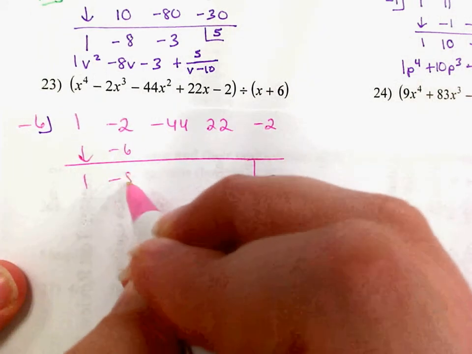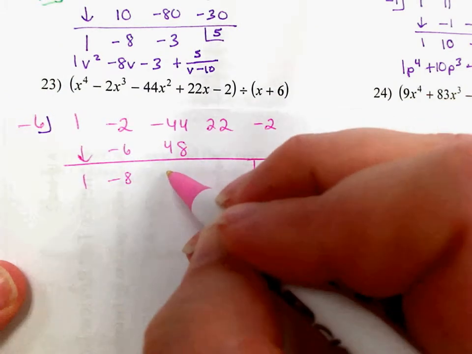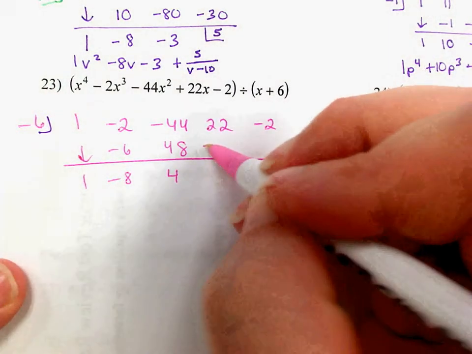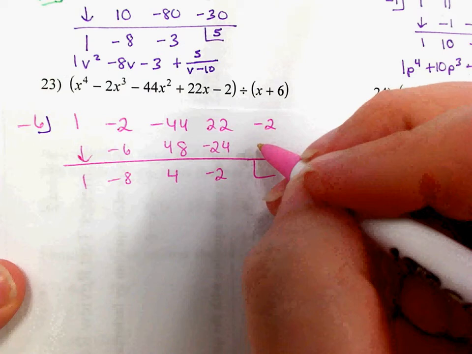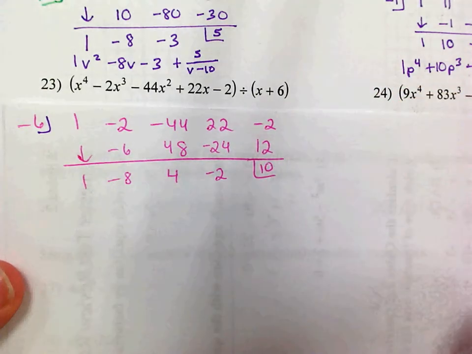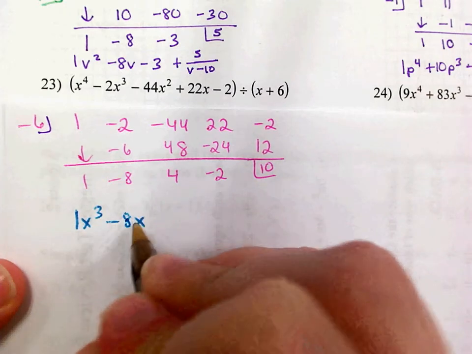Multiply and I get negative 24, add and I get negative 2, multiply and I get positive 12, add and I get positive 10. I started with a quartic, so I should end up with a cubic function. So 1x cubed minus 8x squared plus 4x minus 2 plus 10 over x plus 6.